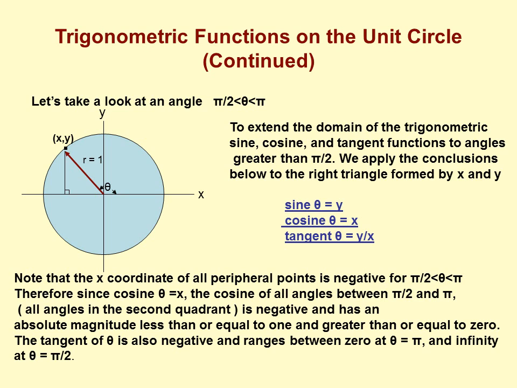The tangent is also negative. You're going to have to do some concentration on this to see this, but I think you can see that if you know how to use the Cartesian coordinate reference frame, in the second quadrant, x is negative and y is positive.